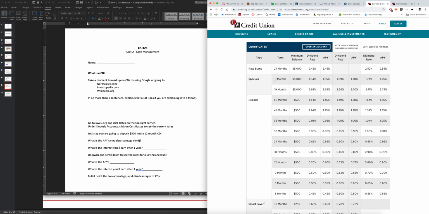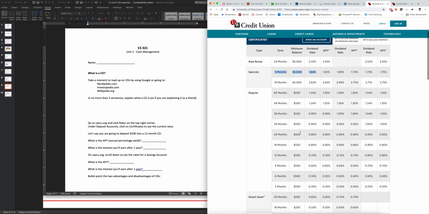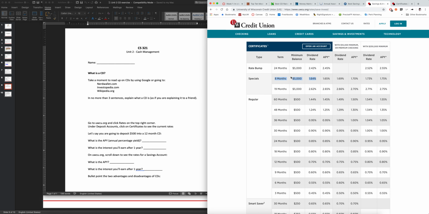So this 8-month CD special, 1.64%, minimum $5,000. Now let's go down. Is there another minimum? Oh, they don't show it, but let's just use your regular CDs as a point of comparison. So what's the closest to this 8-month CD? Let's use the 9-month. So a 9-month CD, 0.6%.